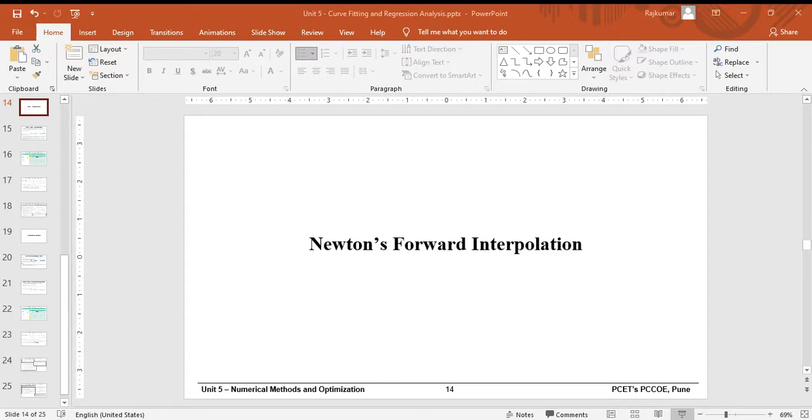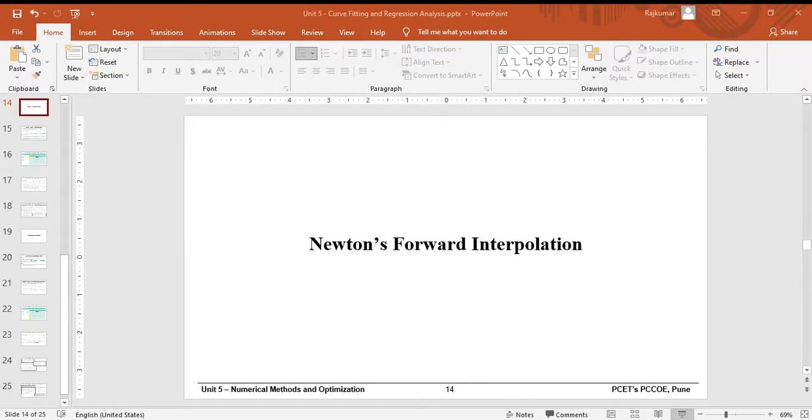So again do the same process and find the value of y by using Newton's forward interpolation, and you can verify that the answer will be between 10.63 and 13.03.